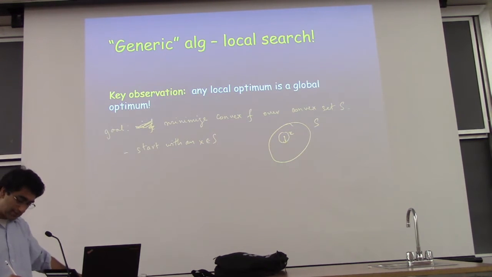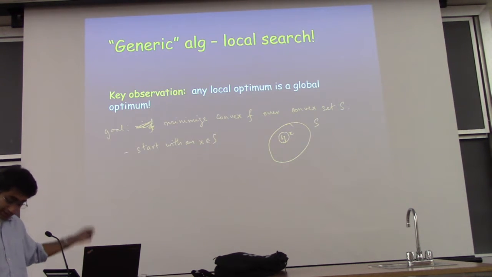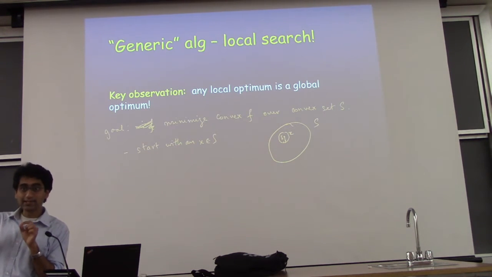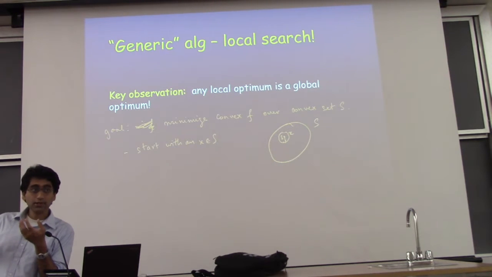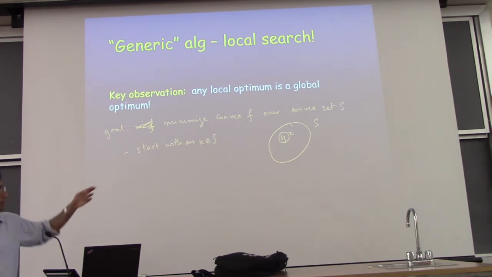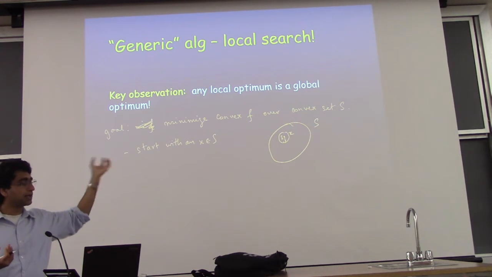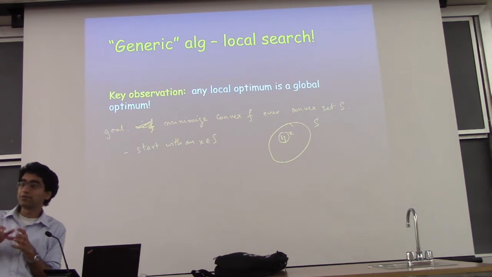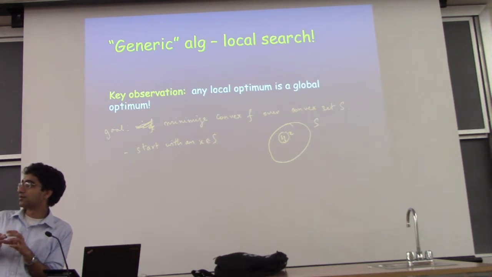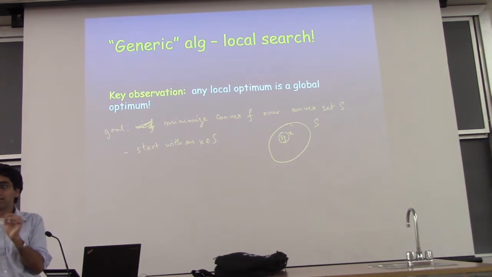I look in a ball of radius about delta. Think of delta as somewhat small. And let's assume for now that you can do some kind of a search on this ball, which means that you go to some neighboring point where f of x is smaller.